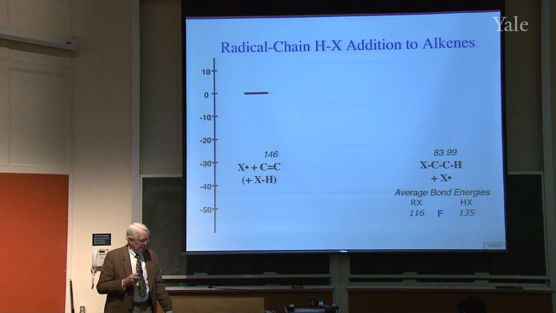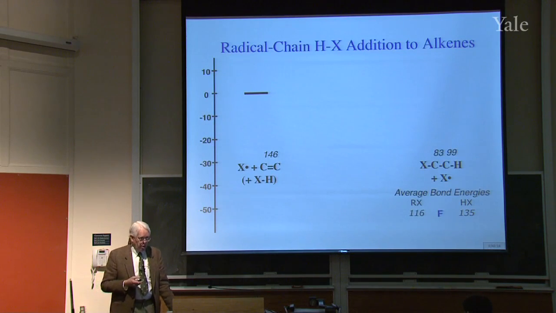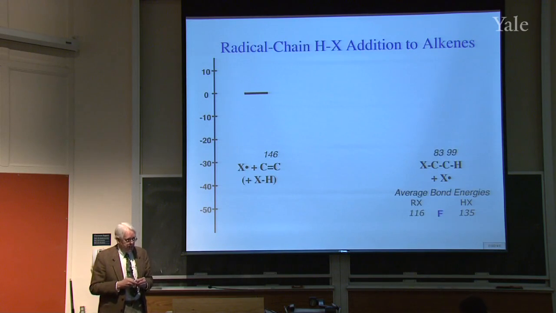Okay, so in the starting material, we have a carbon-carbon double bond that's worth 146, and we have the X radical, and also there's XH, the starting material, and in the product, we've added the XH to the alkene, making a new carbon-carbon bond that's worth 83 kilocalories per mole, and a carbon-hydrogen bond that's worth 99.